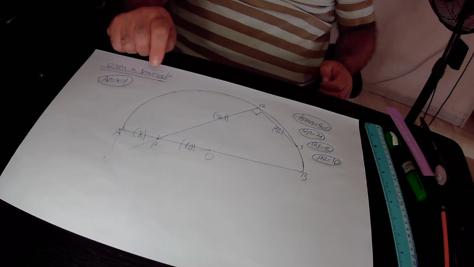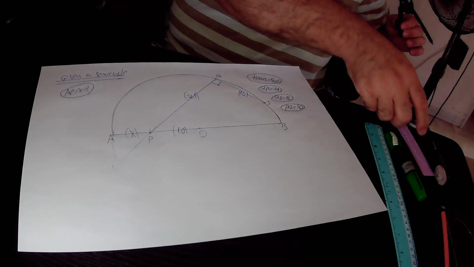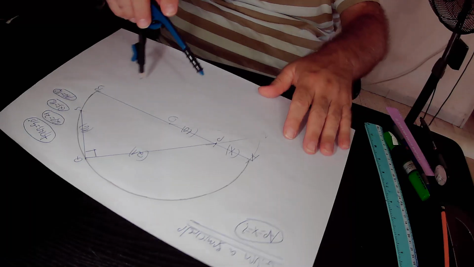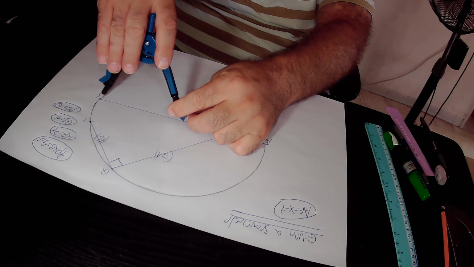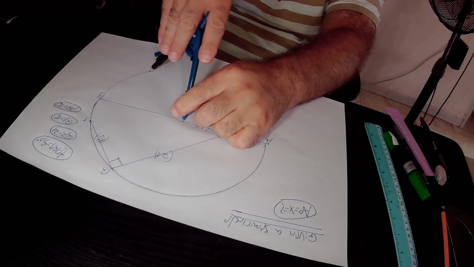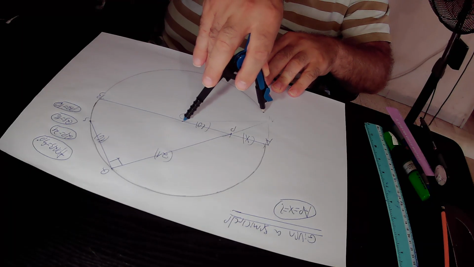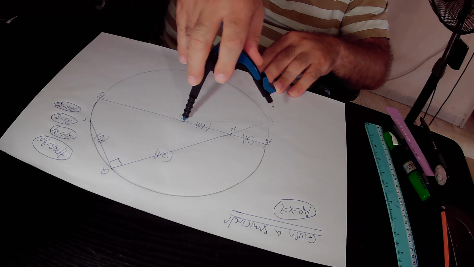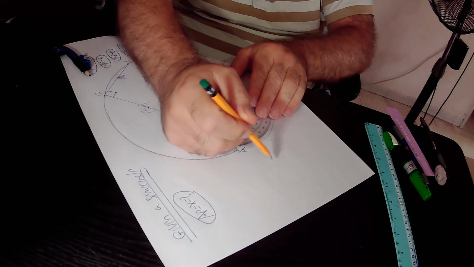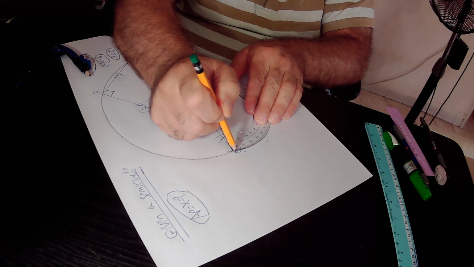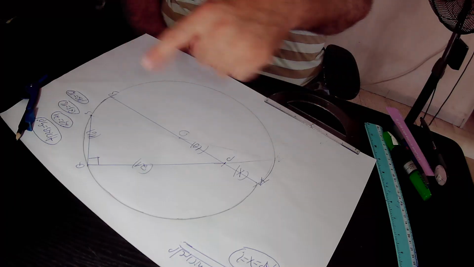So first of all, we will complete this semicircle to a circle.